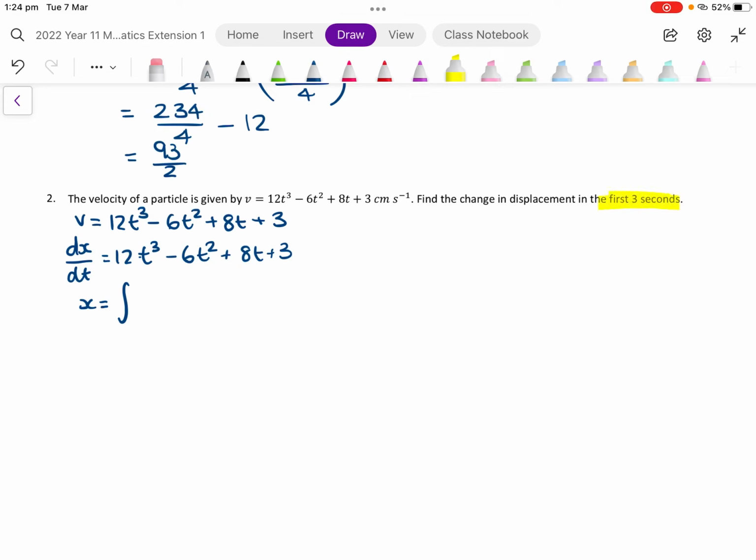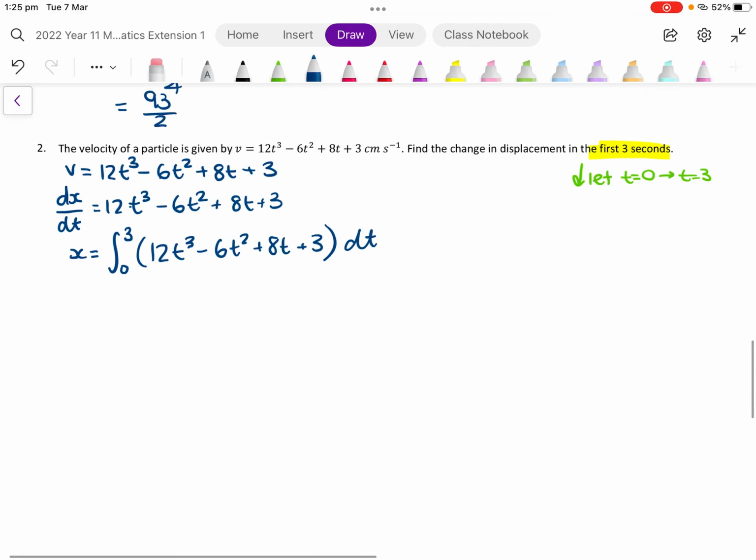Now we're talking about the first 3 seconds. So the first 3 seconds means we let t equal 0 to t equals 3. So they are our bounds, 0 to 3, of our 12t cubed minus 6t squared plus 8t plus 3 with respect to t, so dt.